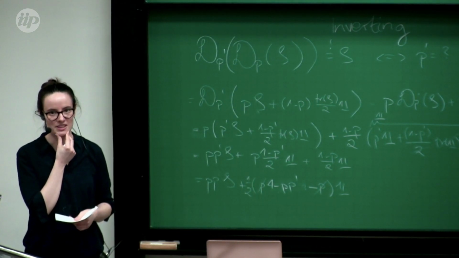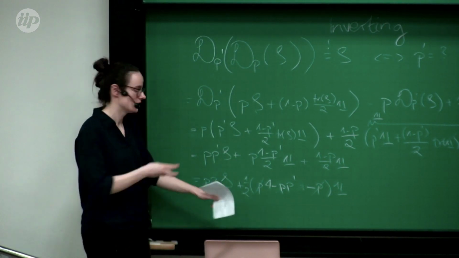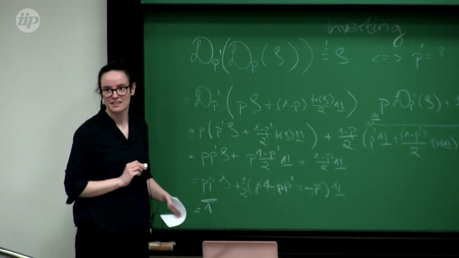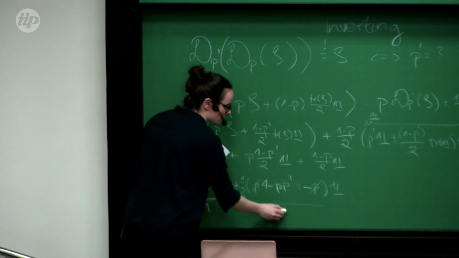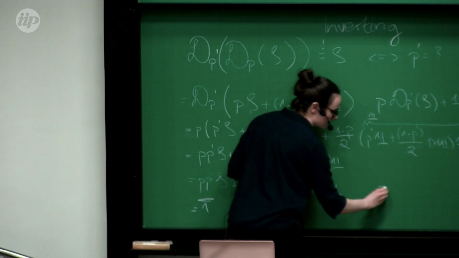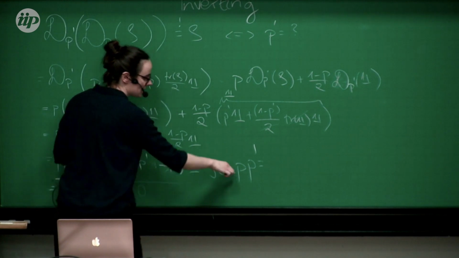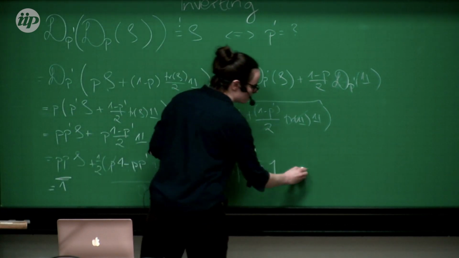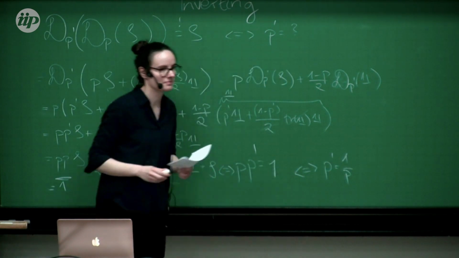So what I want is to recover only rho. So I want this to be 1, and I want this to be 0. So I know that P prime, if this is rho, then that means that P prime is identity, meaning that P prime is actually 1 over P. Ta-da!